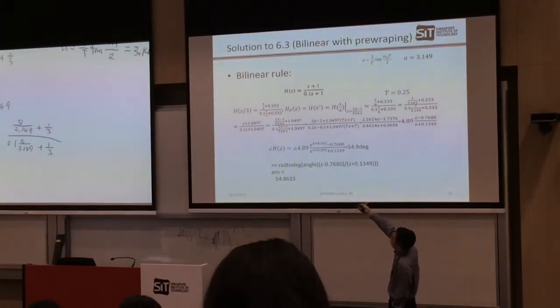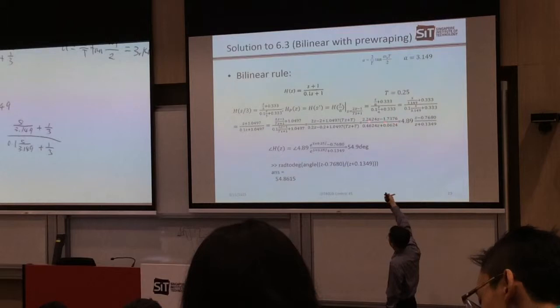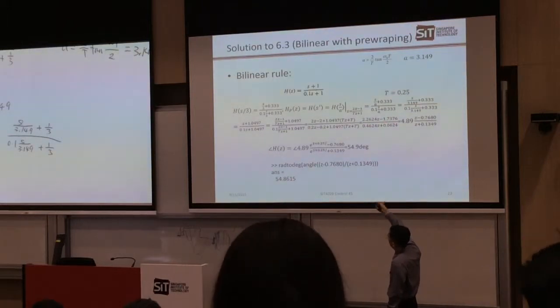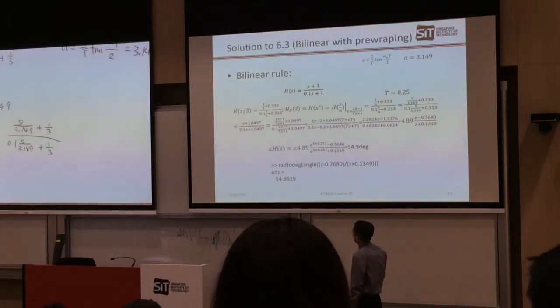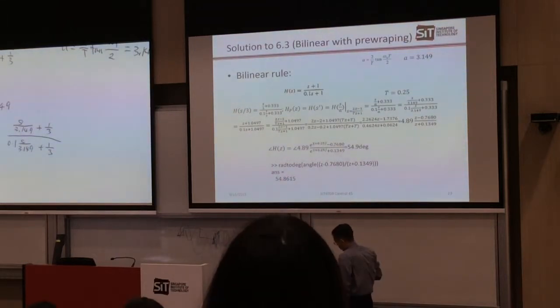You just substitute your z function for your s. After you get this, this is the function you get. And this is your linear function with prime value.